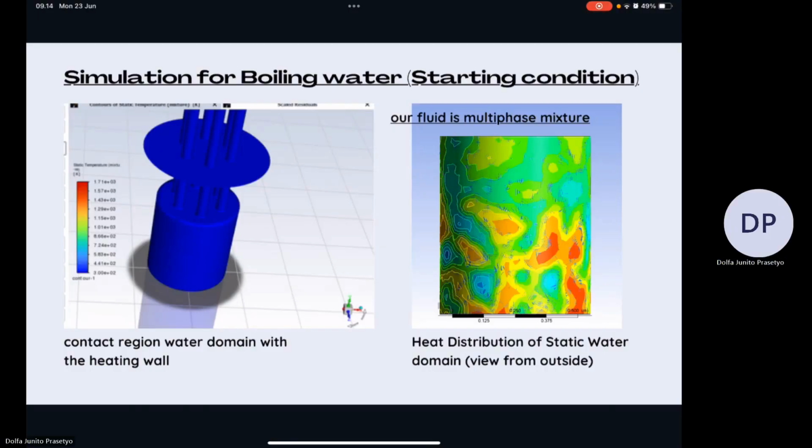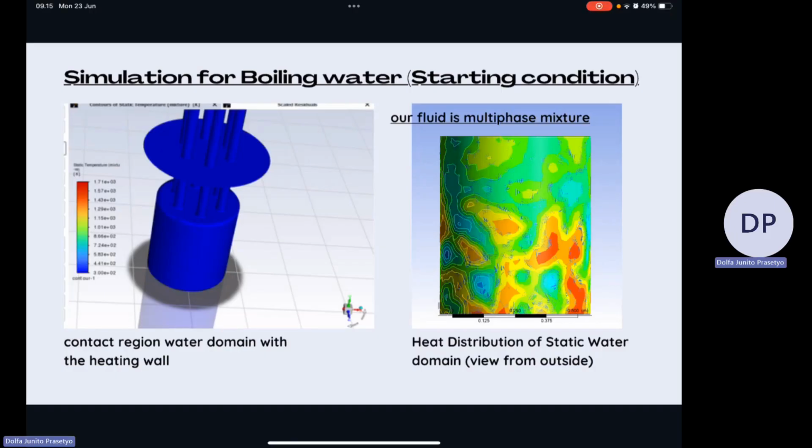After getting this, we tried to find another contour. This is the heat distribution of the static water domain that we see from the outside of the static water domain. The temperature distribution on this surface is quite confusing.